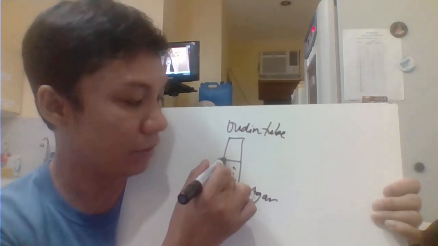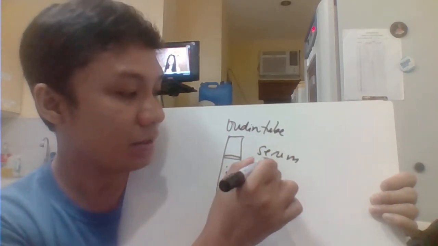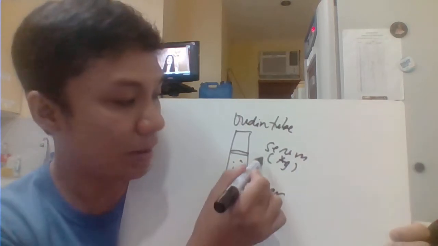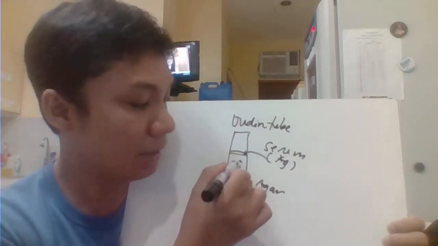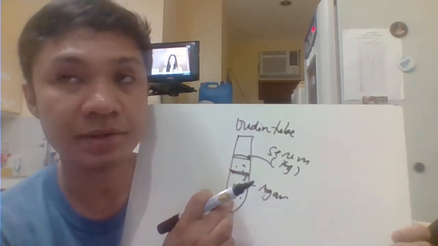And you have here your serum. You apply it on the upper surface to overlay. Then it diffuses down and meets here according to the antigen present.